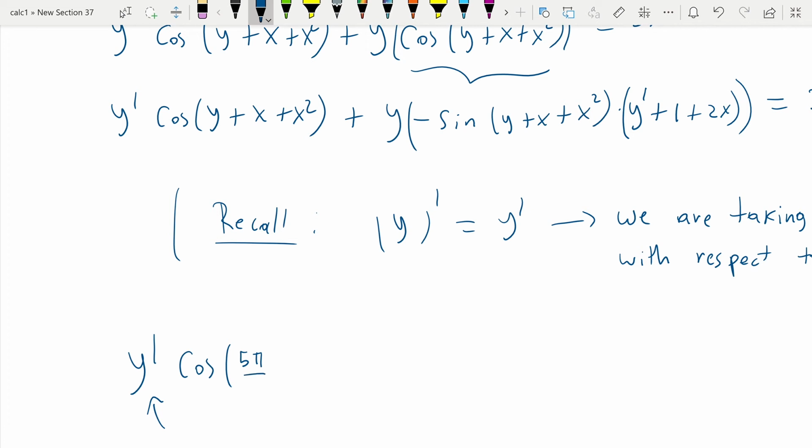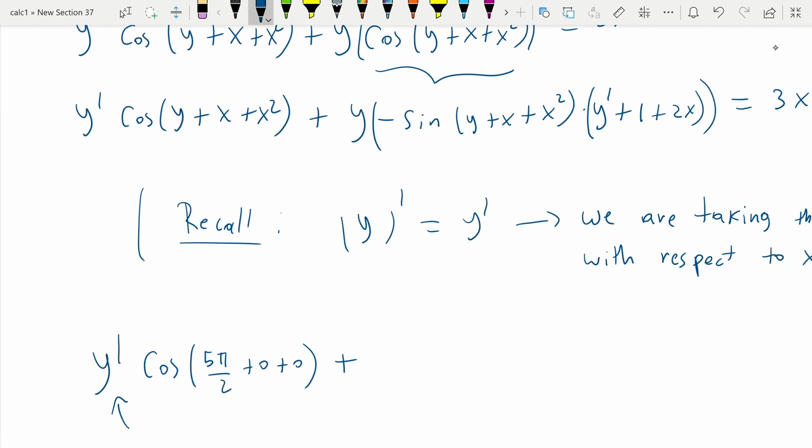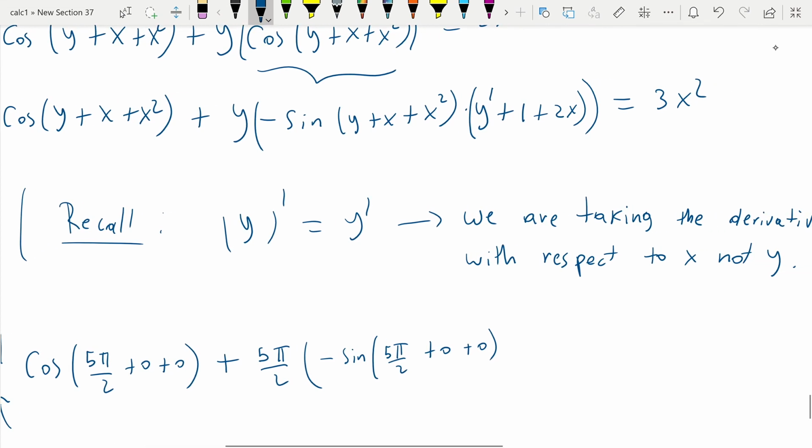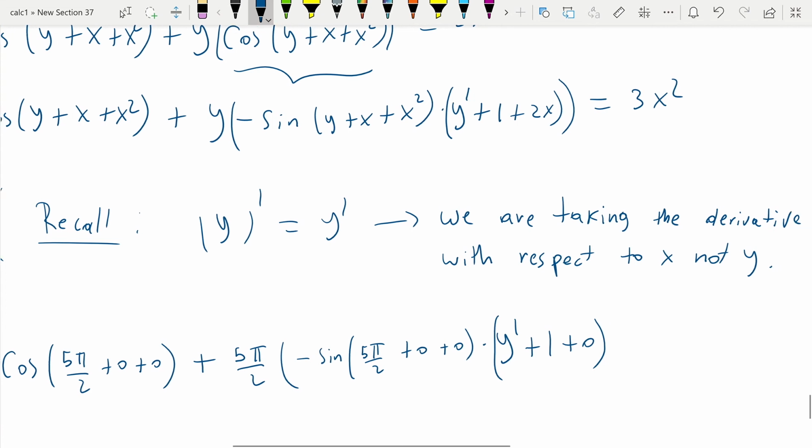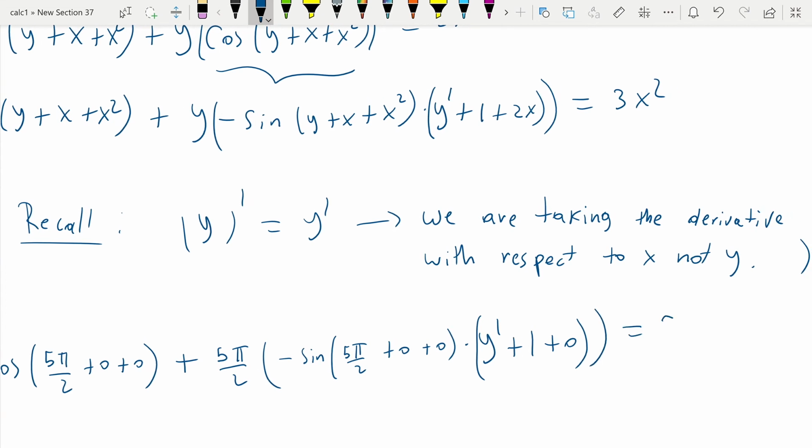So cosine of 5 pi over 2, which is y, plus 0, plus 0, plus 0, then plus y, again 5 pi over 2, times minus sine of 5 pi over 2 plus 0 plus 0, times y prime plus 1 plus 0, and all that is equal to 3 times 0 squared, which is 0.